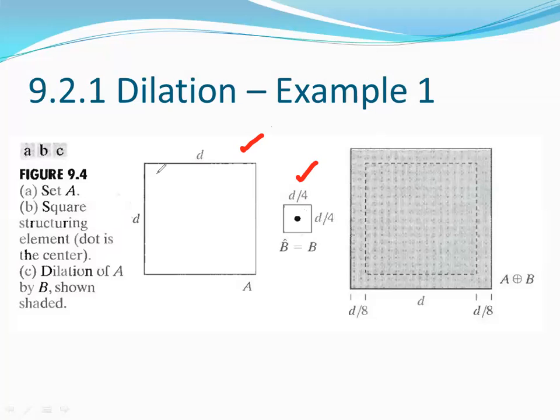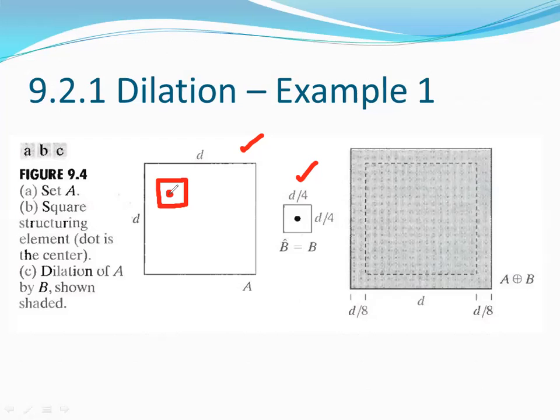Now say I move this box. Switch off the mobiles. Now I take this structuring element inside this set. Can I move this box freely? Yes, I can move. Now, till where can I go?